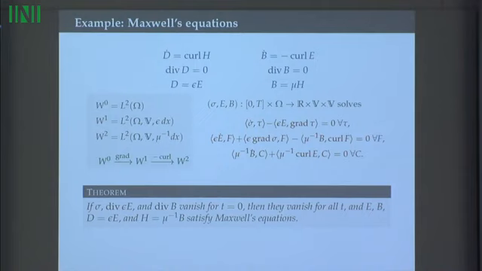And so this is exactly the Hodge wave equation with these weighted norms, nothing other than this formulation of Maxwell's equations. And the theorem is, if you start out with a sigma that's 0, and you start out with initial data that satisfies div epsilon E is 0 and div B is 0, then they will vanish for all t, and E, B and epsilon E, mu inverse B are the exact solutions of Maxwell's equations.